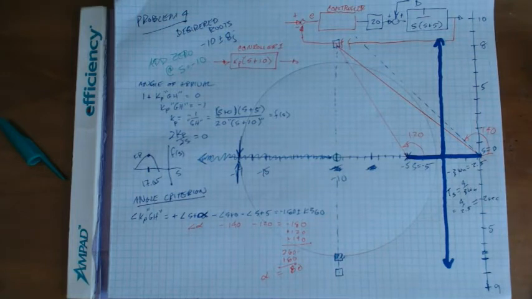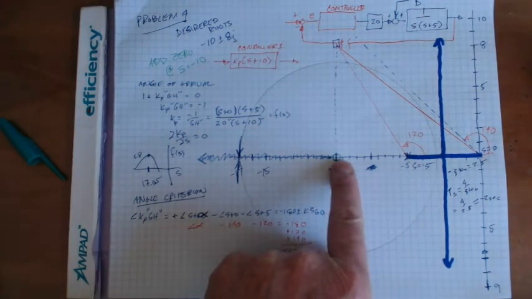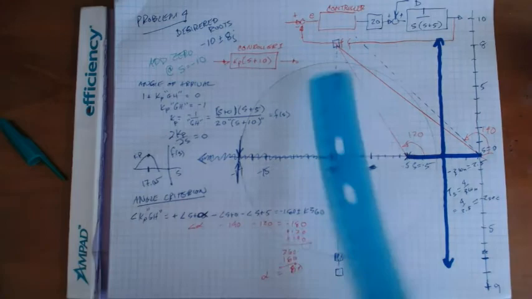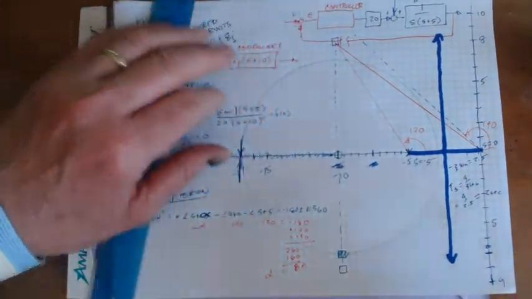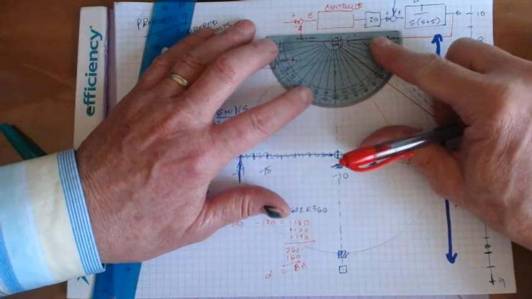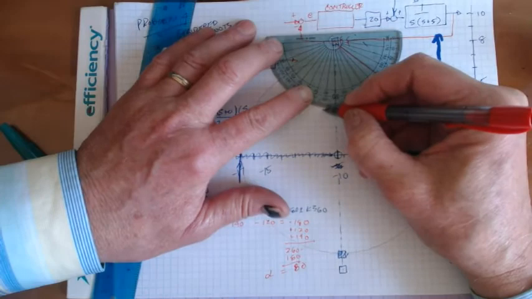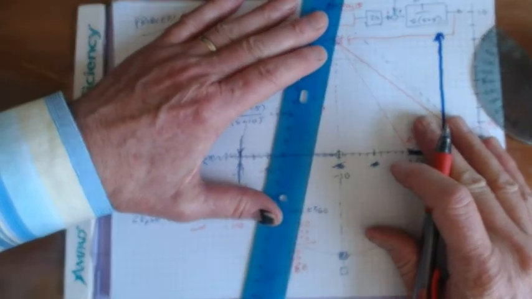So let's see, what is alpha here? If it was 90 degrees, that'd be perfect, right? But if it's 80 degrees, it's something else. And so I'm just going to draw this here, and I'll show you why I can just do it that way.